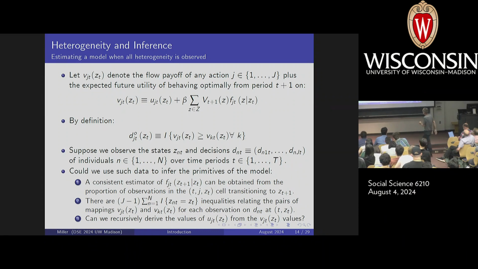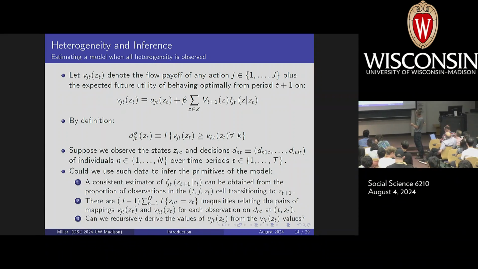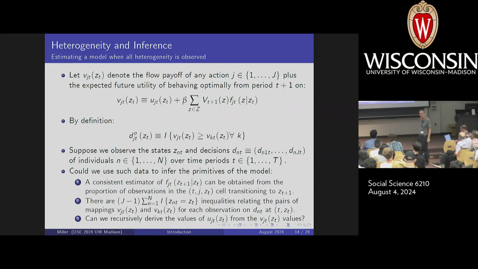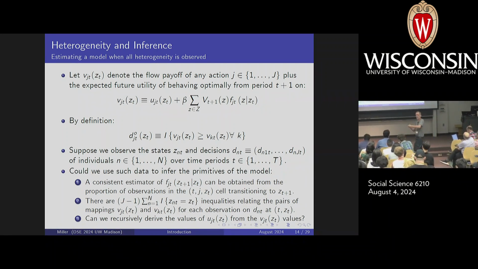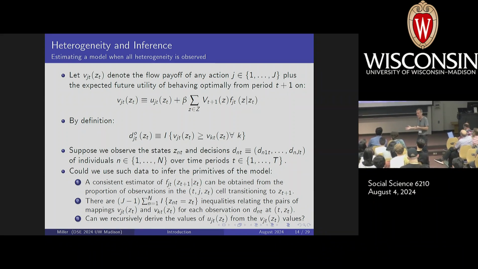So that gives us a lot of restrictions, doesn't it? Because we look at all the people that are going from one cell to the next, given that they take J. We've got all these different Z's, we've got all these different choices, we've got all these different inequalities. Hey, we could do inference straight off, okay?